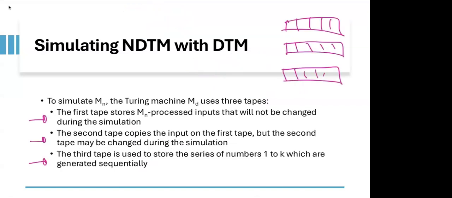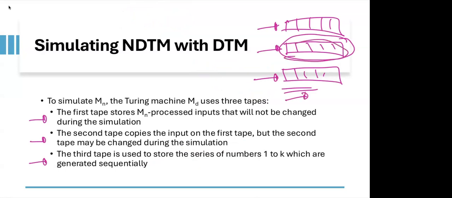So how can we do it? From the first tape, we copy to the second tape, and then we read the sequence of actions and simulate it on the second tape. If it is not accepted, then we go to the next possible option in the third tape.